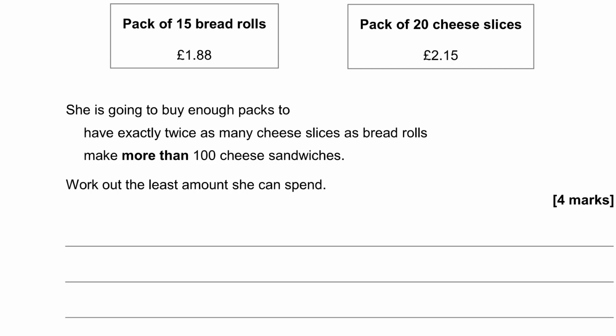So let's have a look at the pack sizes. Bread rolls come in packs of 15 and cheese slices come in packs of 20. Now what we want to do is find a way of getting twice as many cheese slices as bread rolls out of multiples of 15 and 20. So let's start with bread rolls. We want the multiples of 15 which are greater than 100, don't we?